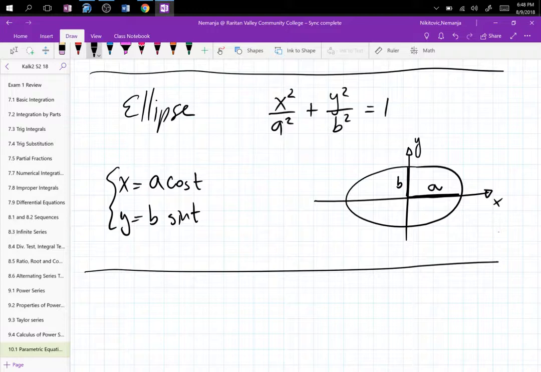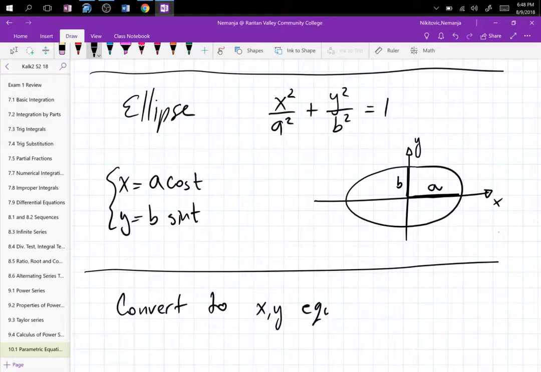Now, one of the skills is to figure out how to get these equations back into our form, how to combine them. Because if I give you a set of parametric equations, maybe you want to know what the original equation was. So say that I have, convert to an xy equation.